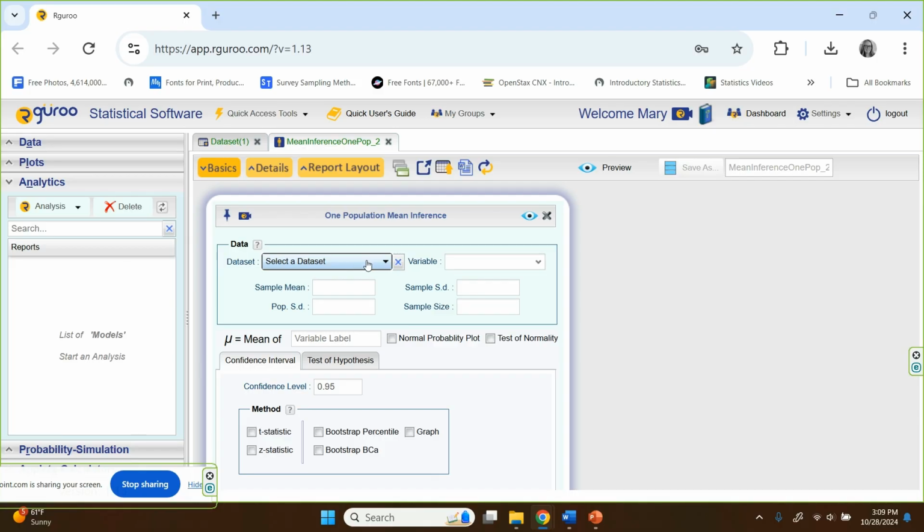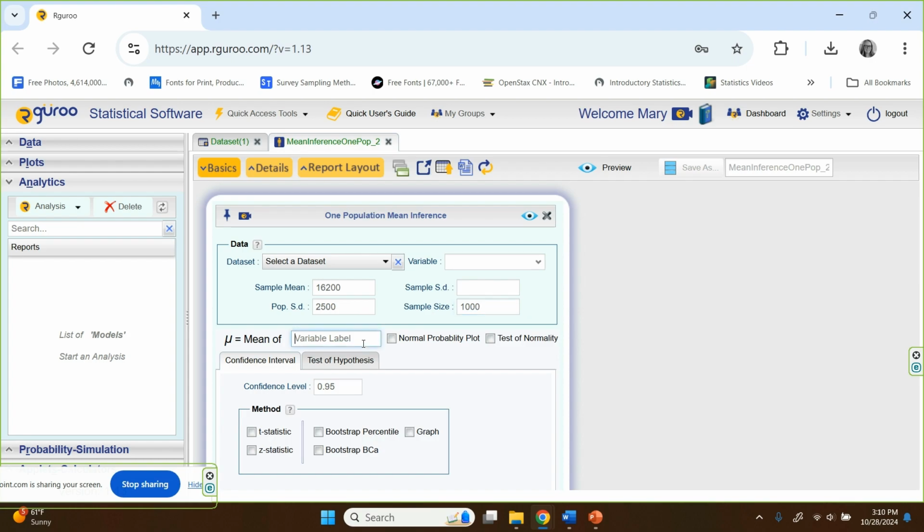We're not pulling in a data set or anything, so we can leave that blank, but we can let Rguroo know that 16,200 was the given sample mean when they did their data. And we're using the population standard deviation, and the sample size was 1,000. So you can see I'm giving Rguroo the things we wrote down from the text of the problem.